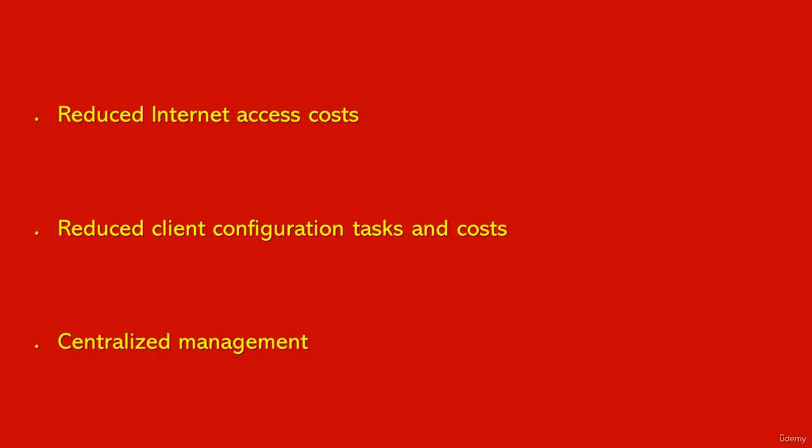The Cisco IOS DHCP implementation offers the following benefits: reduced Internet access costs. Using automatic IP address assignment at each remote site substantially reduces Internet access costs. Static IP addresses are considerably more expensive to purchase than automatically allocated IP addresses. Reduced client configuration tasks and costs.